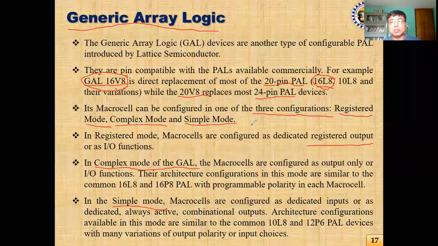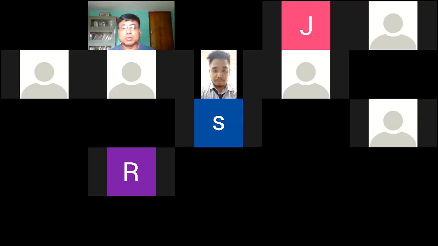So this is what I have to discuss in today's class. Yeah. So up to this, I have to discuss in today's class. So now I will unmute all.